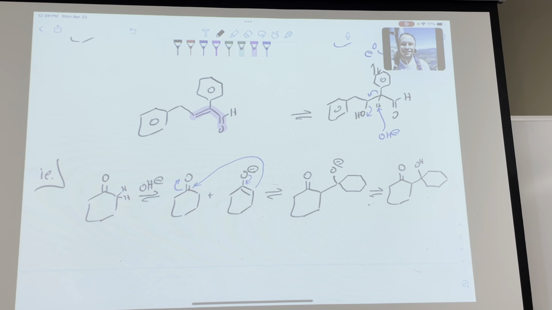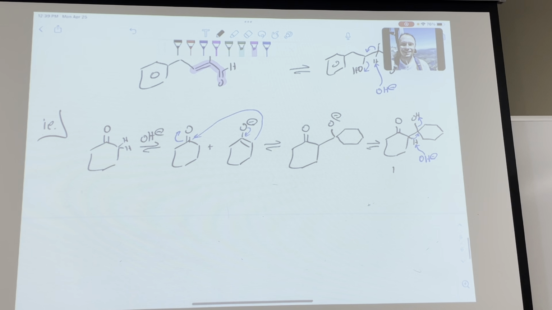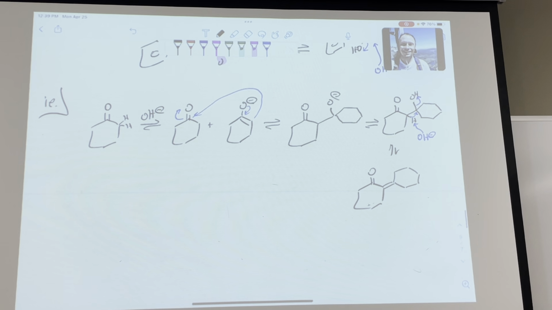That leads to the beta hydroxy. And then we do the elimination, which would give us that.